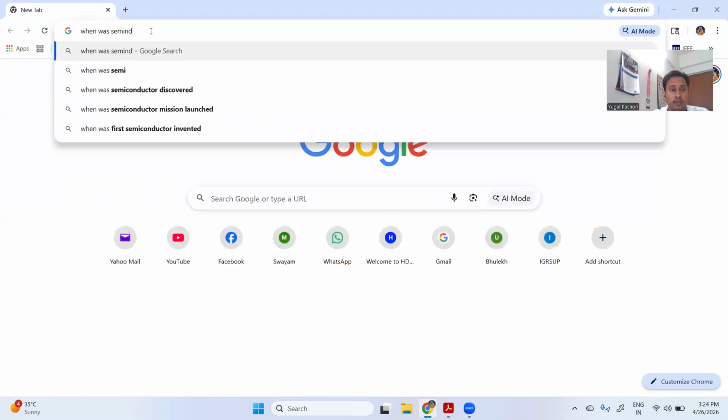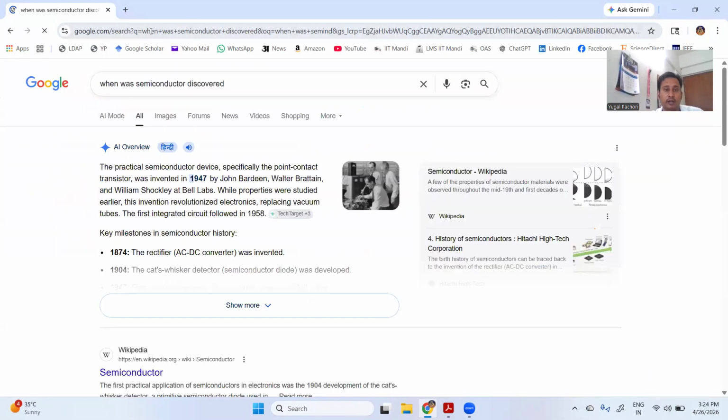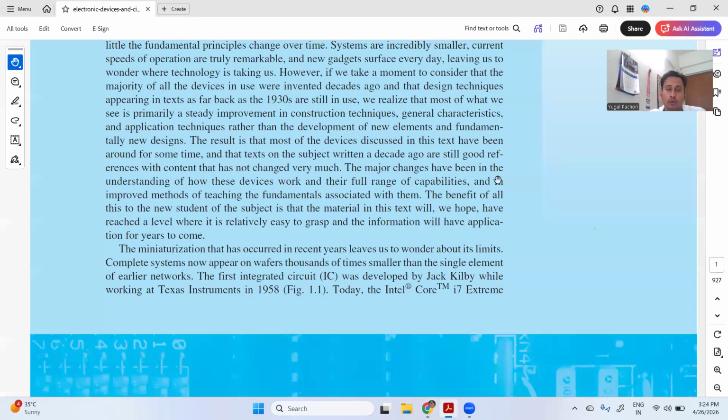This is the question that I was talking about. Semiconductor was discovered in 1947 by John Bardeen, Walter Brattain, and William Shockley at Bell Labs. You can make a note of all these things.